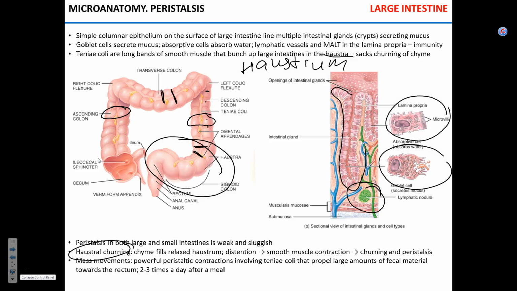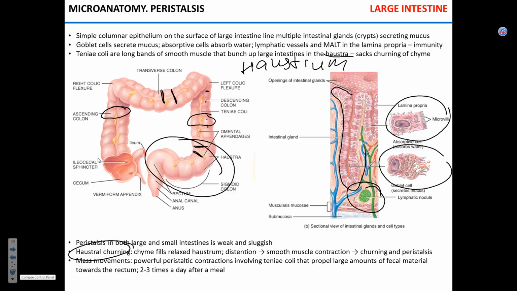Gastrin. What does gastrin do? Let's recall what it does to the stomach. Well, no, distension is the stimulus, but what it does, so contraction of the smooth muscles is also a stimulus.